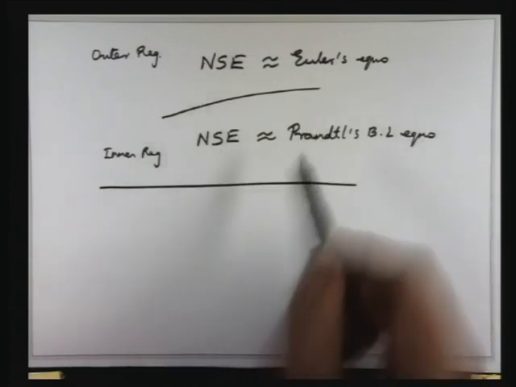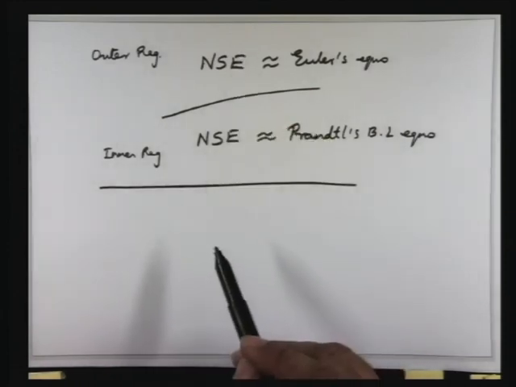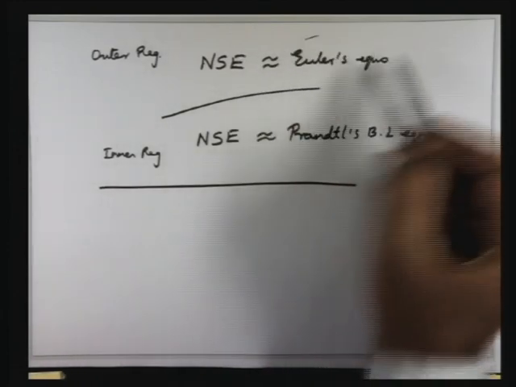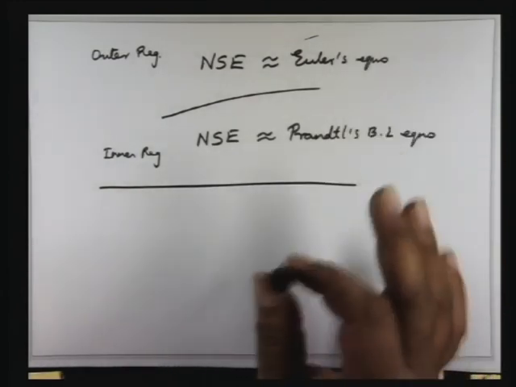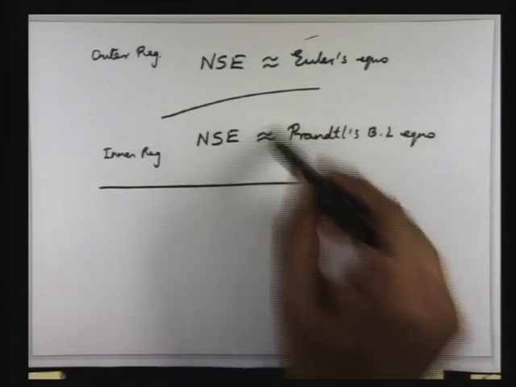Why are we doing it? Because it's difficult to solve the Navier-Stokes equations. This solution we have already got for the flat plate. This also holds for other geometries, and now we have to solve this.